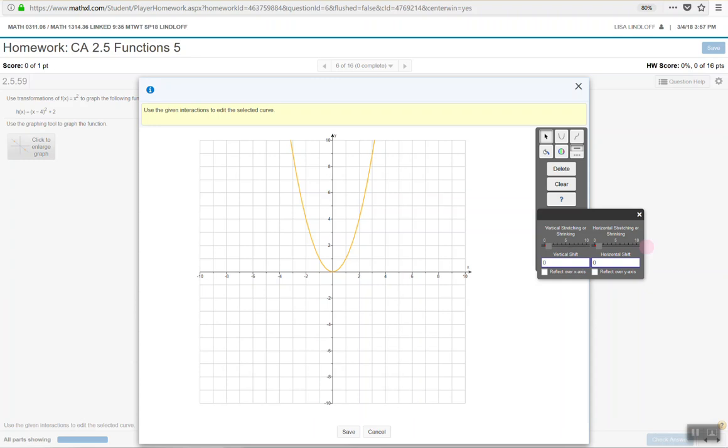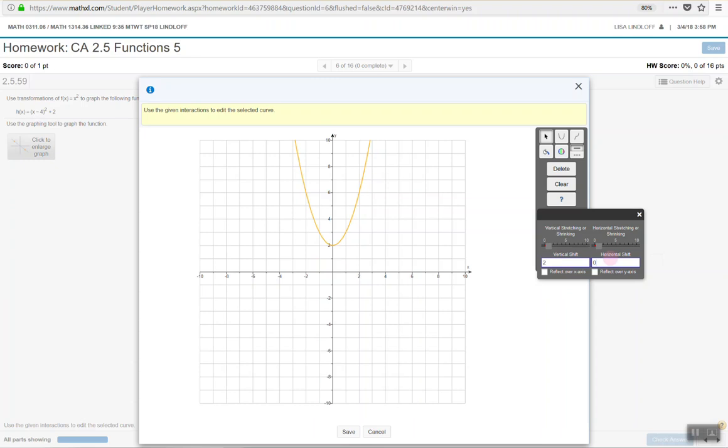Let me get access to a keyboard. All right, vertical shift. The vertical shift is designated by the plus 2. So I will put 2. The horizontal shift is designated by this negative 4.